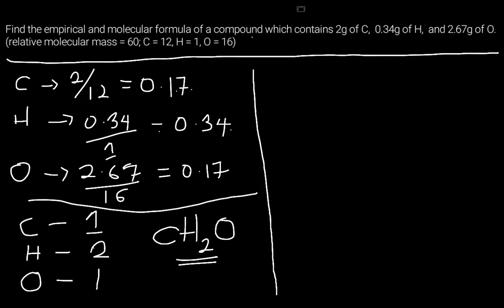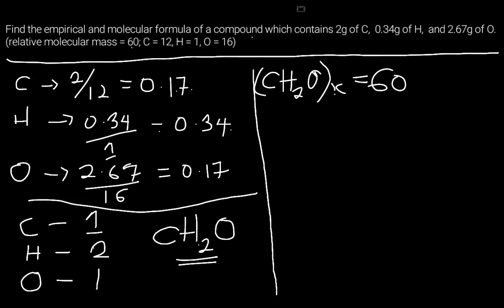The mass will be carbon, which is 12, plus hydrogen, which is 2 here, plus oxygen 16. Let's call the factor X, so X times the mass of CH2O equals our molecular mass of 60.